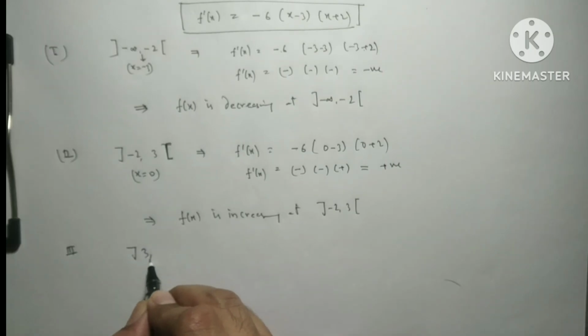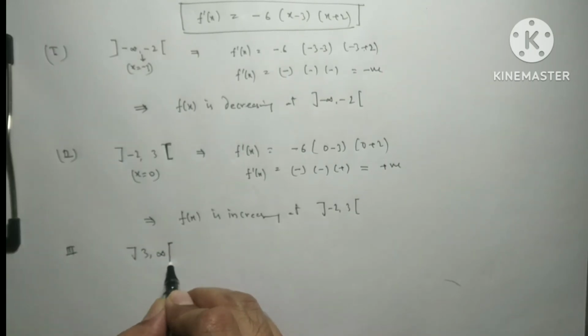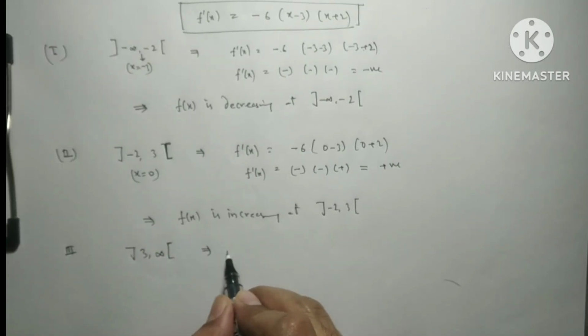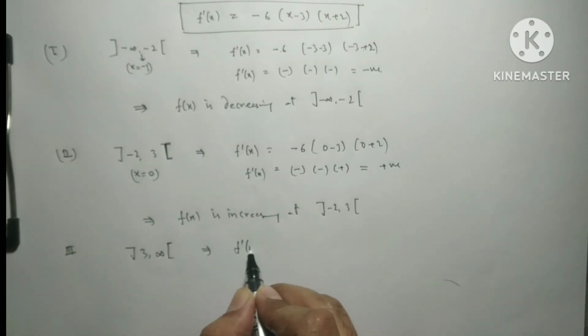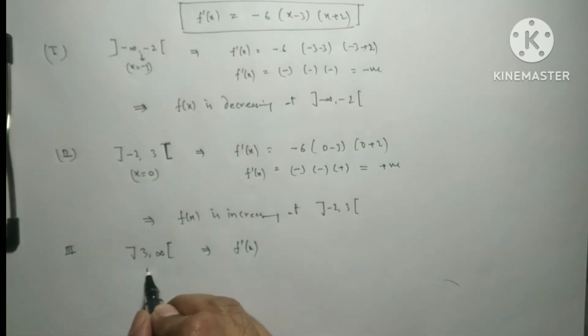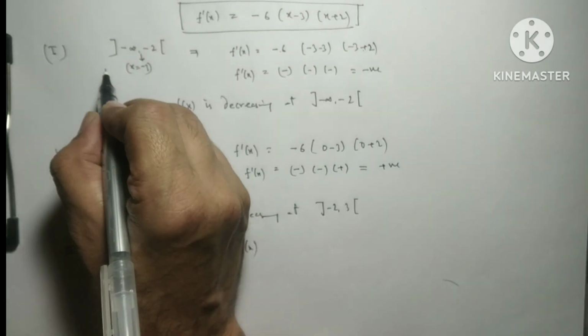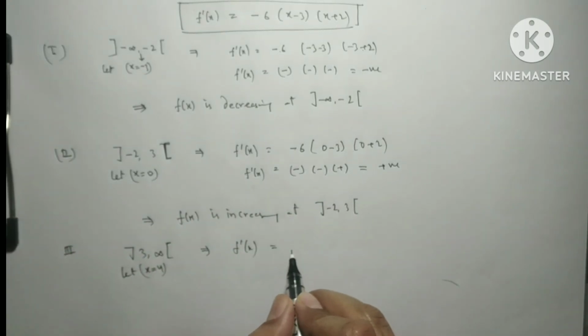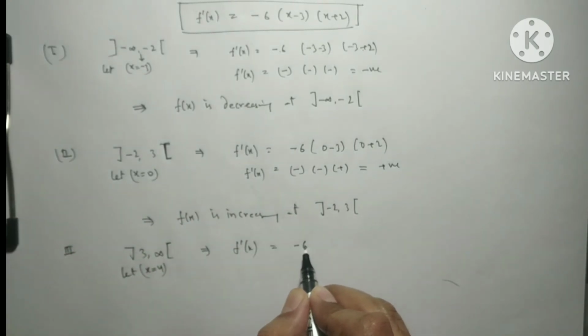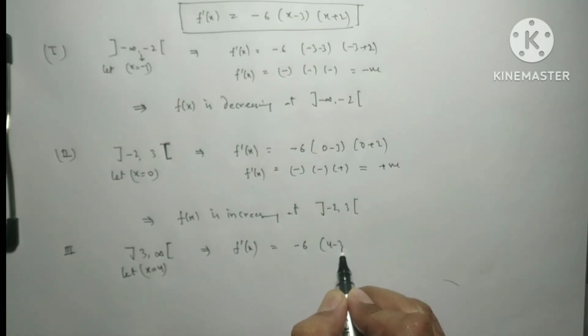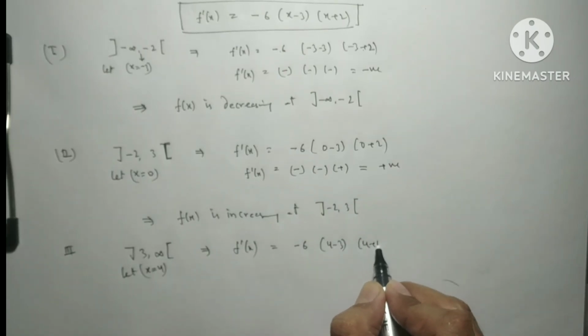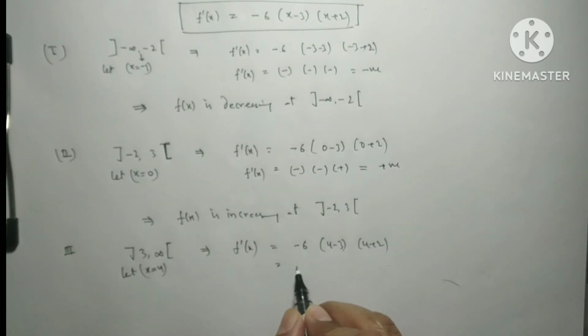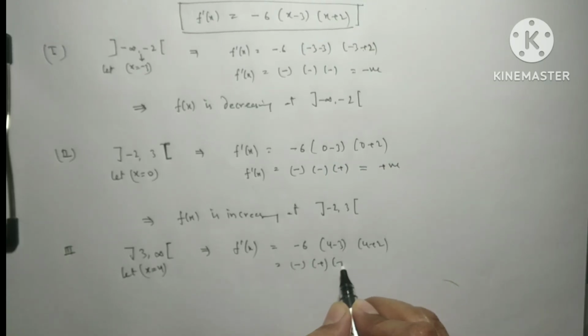And the third interval is 3 to infinity. We can consider any value of x, let us consider 4. On putting this value, minus 6, 4 minus 3 and 4 plus 2. So it is negative, this is positive and this is positive.